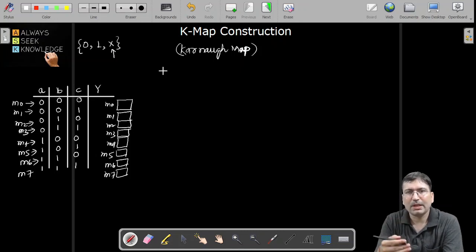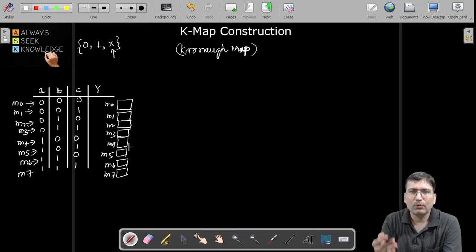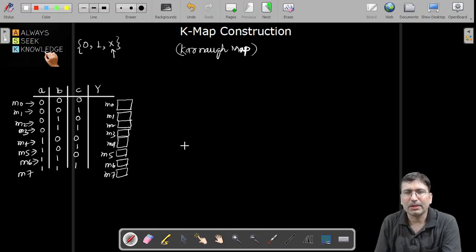So the same function can be simplified in n number of ways and the ultimate simplified form may vary. And when we solve multiple choice questions in competitive exams, Boolean algebra may take more time as compared to the K-map. So most preferably we use K-map.